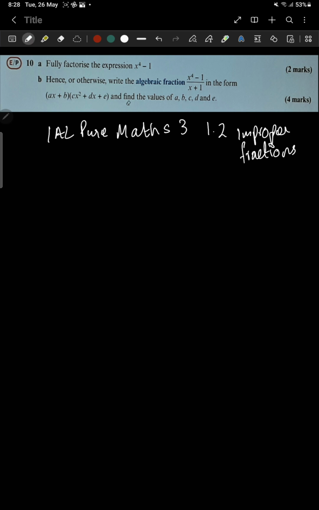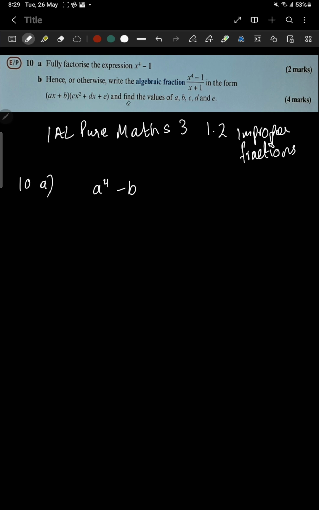The first part is asking us to factorize the expression x to the power of 4 minus 1. The first thing to identify here is that it's a difference of two squares.